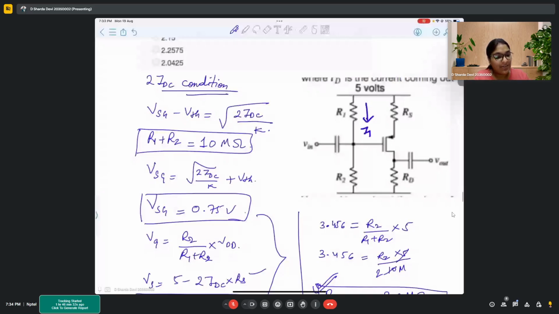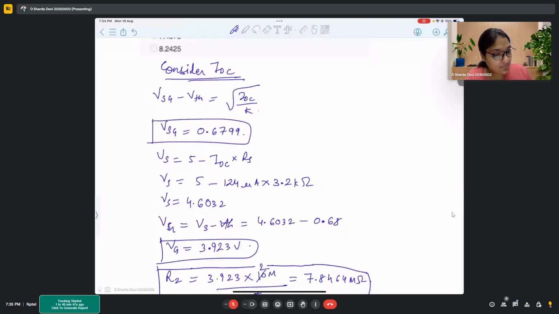Then when we solved it using only IDC as the total current, R2 is 7.8464 and R1 is 2.154.